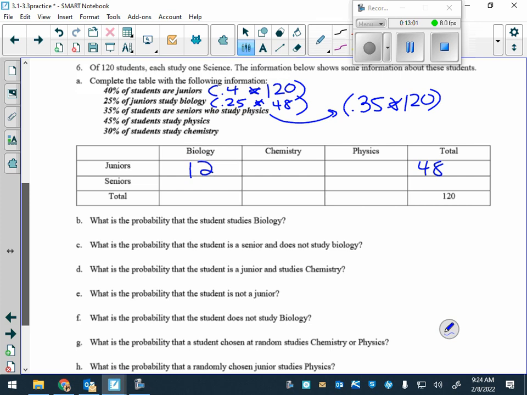42. And where will that go in the chart? Good. So we had 42. Excellent. Okay. 45% of students study physics.